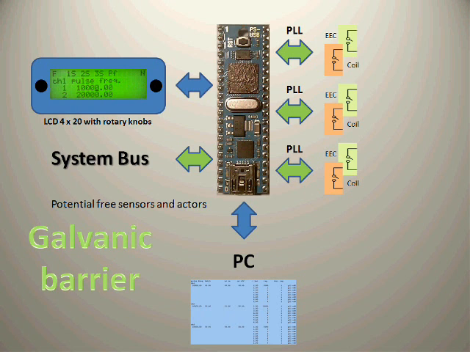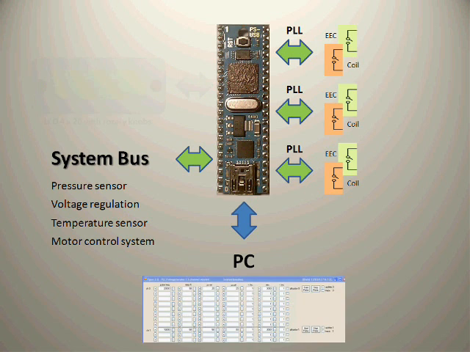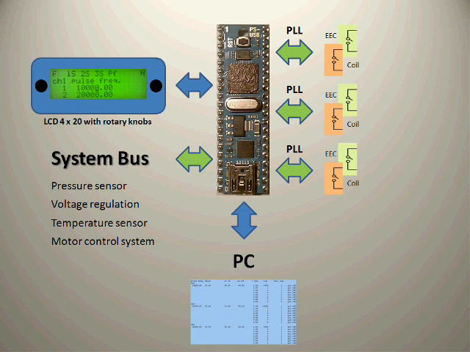Those are potential free sensors and actors, like pressure sensor, voltage regulation, temperature sensor, motor control system. You have the choice to use the Windows interface for control and display, or the LCD interface with screen dump support, let's call it so.